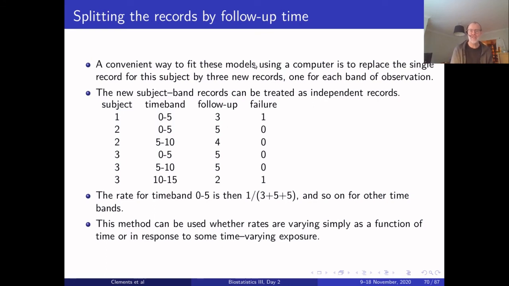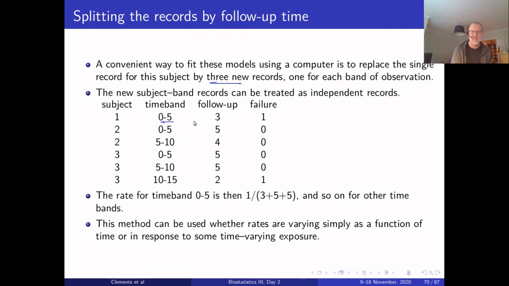A convenient way to fit these models using a computer is to replace the single record for each subject by up to 3 new records, one for each of the time bands. So the first subject has just the one time band.